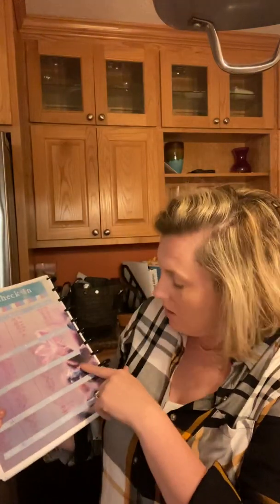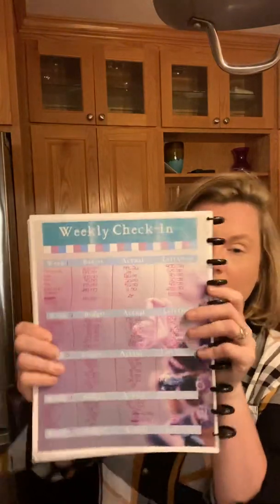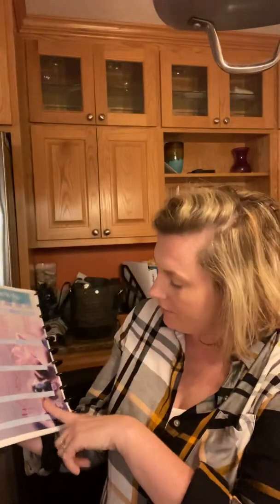But yeah, that's what this looks like. And you'll see the leftover, actual, budgeted, and the week. Okay, so that is our weekly check-in stickers and our expense tracker stickers.